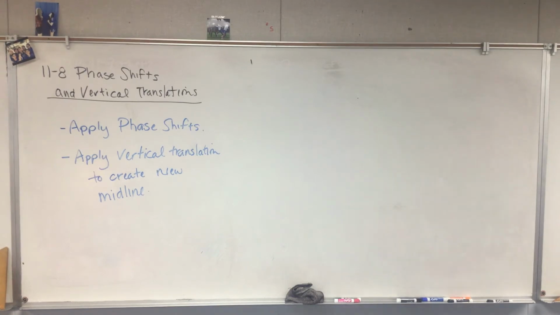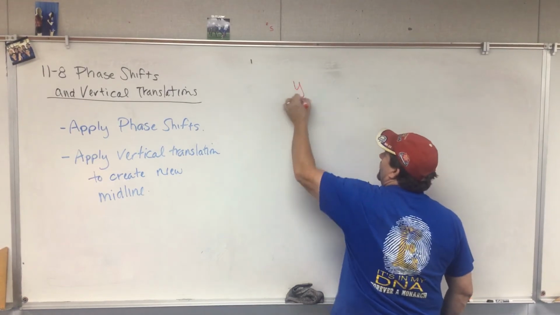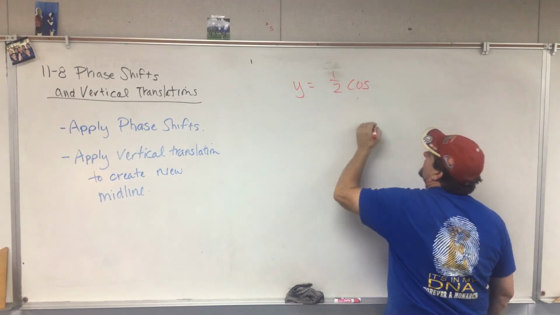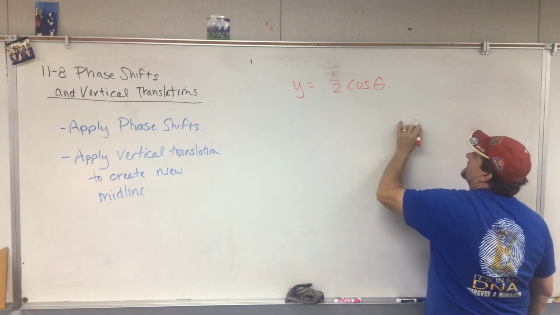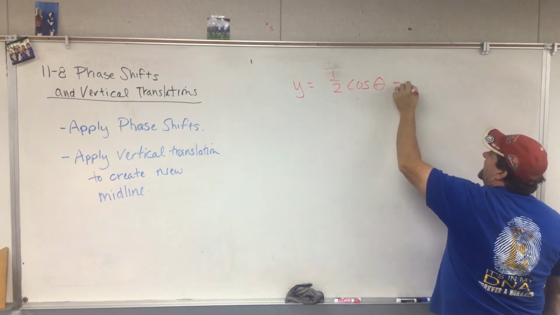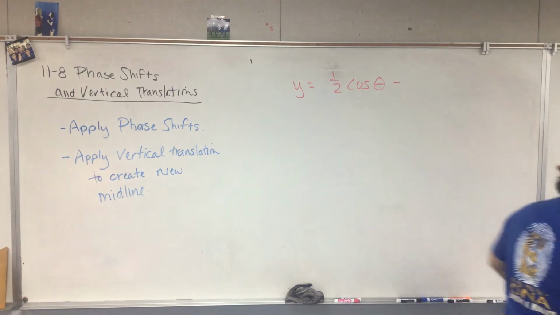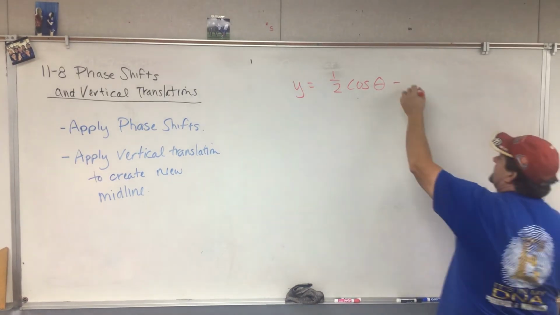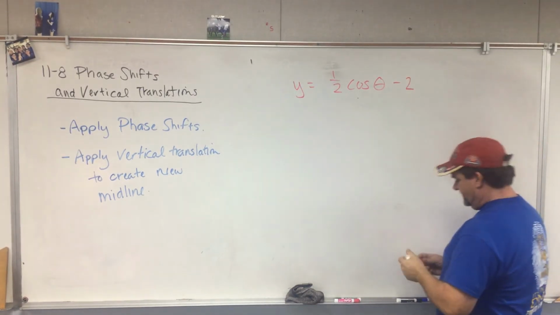So now we get y equals 1/2 cosine theta minus 2. All right, so 1/2 cosine theta minus 2.